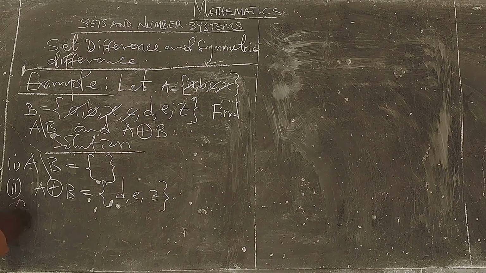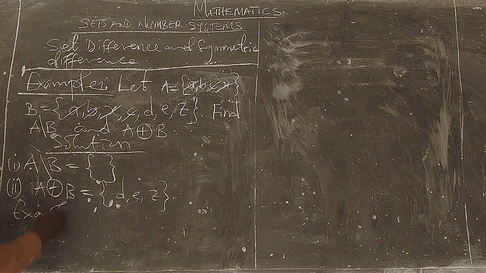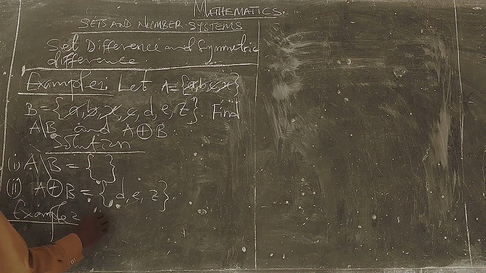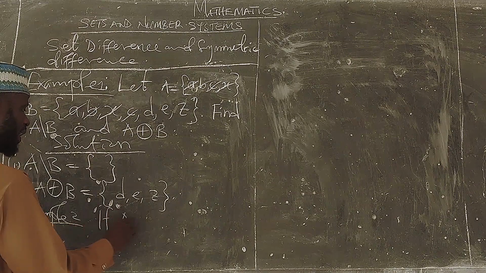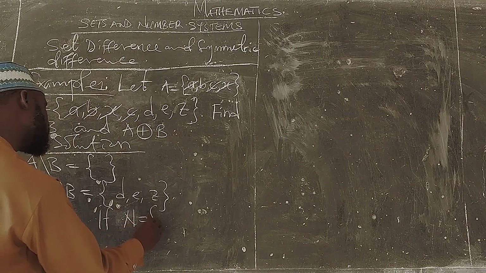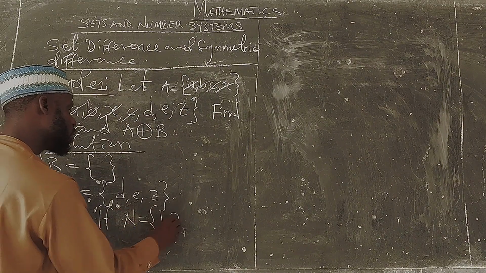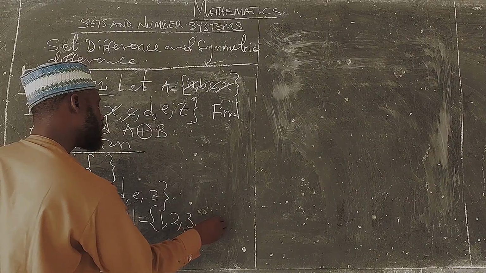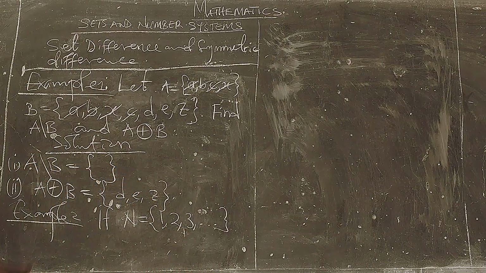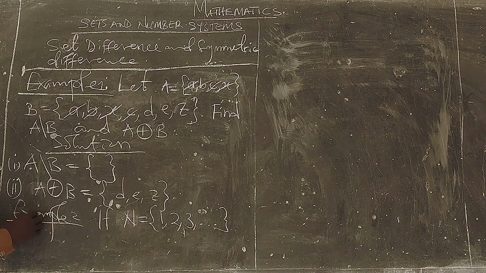Now another example. This is example 2. If N is equal to 1, 2, 3, and so on, the set of all natural numbers. Of course, we don't count 0 here. We are taking a situation where 0 is not included.